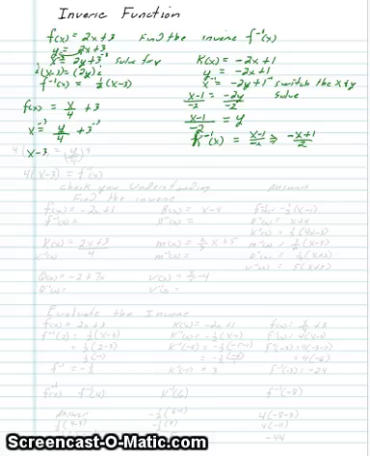So I get x minus 3 equals y over 4. Multiply both sides by 4. So 4 times the quantity x minus 3 is equal to f inverse of x. I just changed the y to the f inverse.